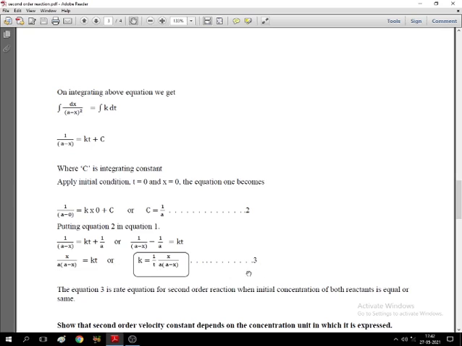Now, this equation 3 is a rate equation or the kinetic equation for second order reaction when initial concentration of both reactants is equal or the same.